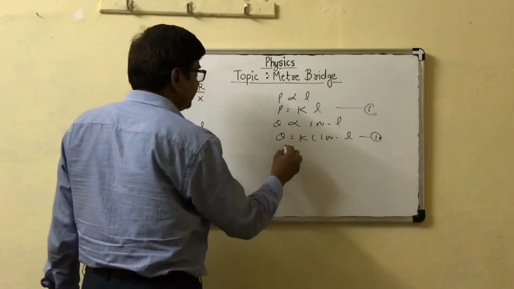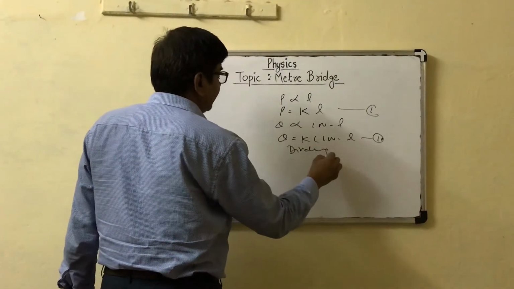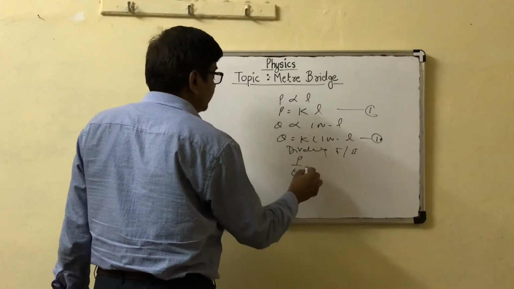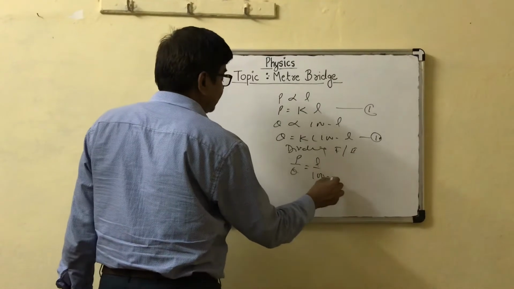So dividing first by second, that is P upon Q is equal to L upon 100 minus L.